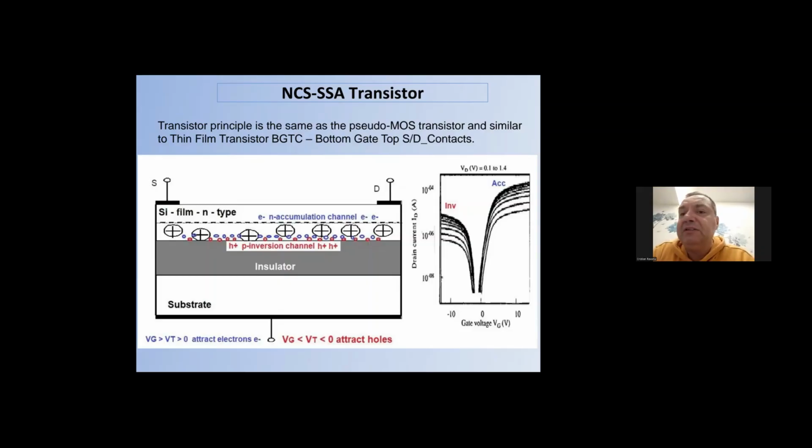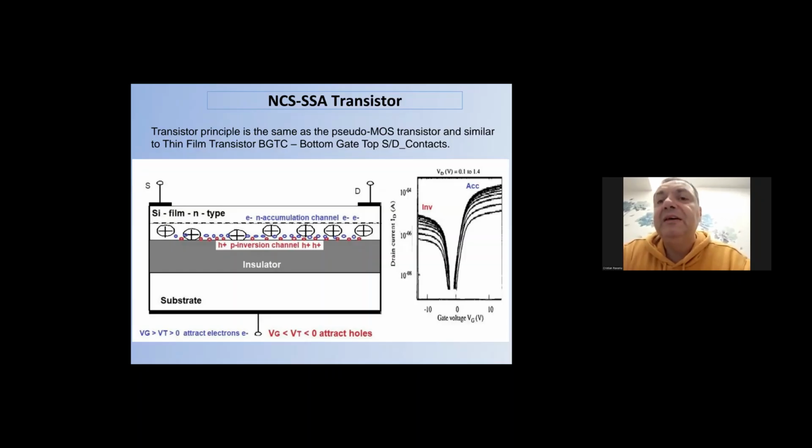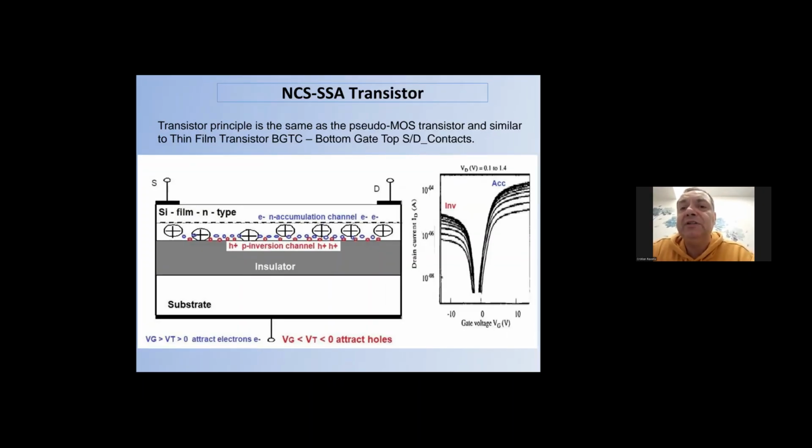This substrate, contacted at the bottom, behaves like a huge contact representing the bottom gate contact, and on top of the film are placed the source S and the drain D contacts.